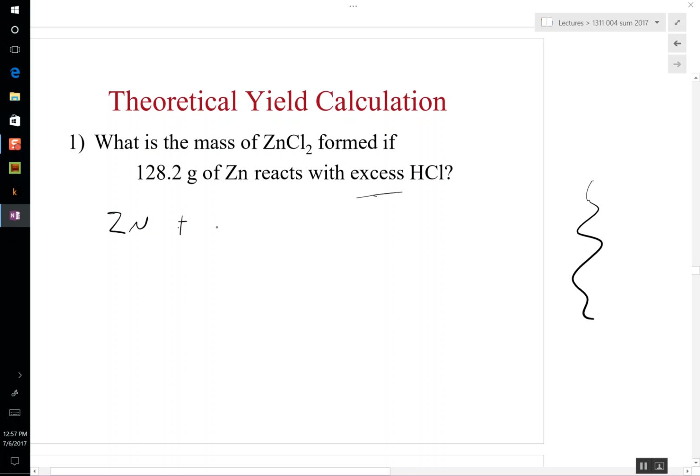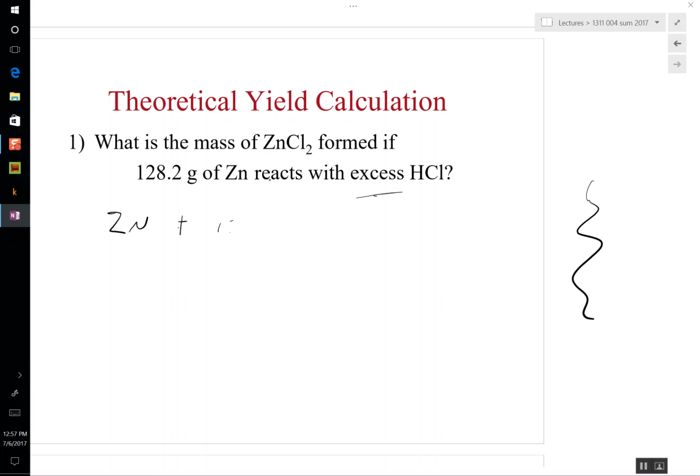Zinc plus HCl. So we got zinc plus HCl. What is the mass of zinc chloride? So it's telling you what one of the products is. Actually, this reacts with that to form hydrogen gas. All right? So there's a theoretical yield problem.